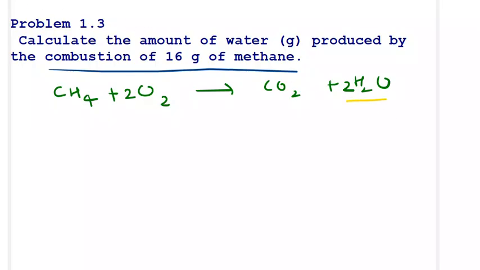Calculate the amount of water produced by combustion of 16 gram of methane. Simple question, how much will 16 gram give? 36 gram. So if we take 16 gram of methane, then we get 36 gram of water. 2 multiplied by 18 equal to 36 gram.